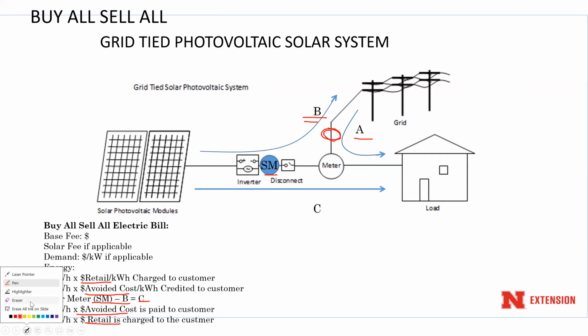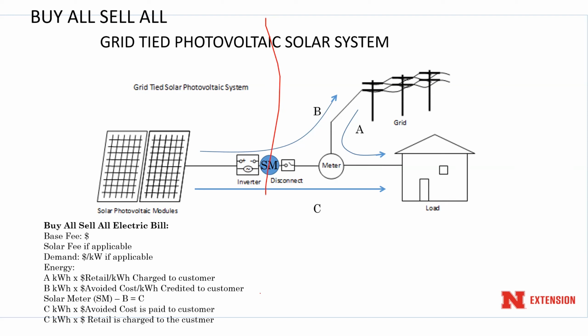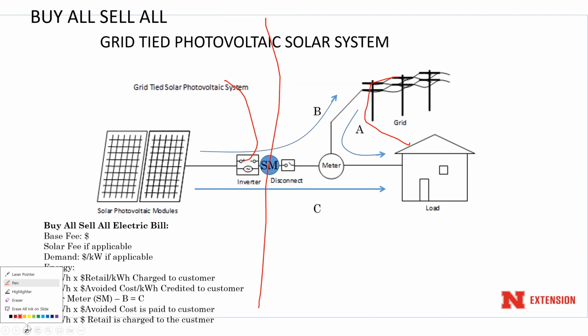Now, let's rethink this just a little bit. Another way to think about buy all, sell all is that I'm just selling all of the solar to the grid and I'm buying all the electricity from the grid. That's a way to think about it, but it's a little bit of a misnomer to say that's what's happening, because it's not.